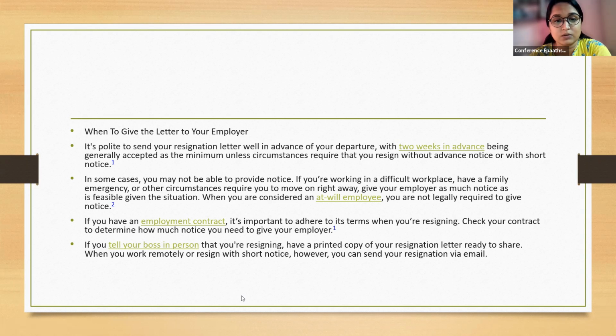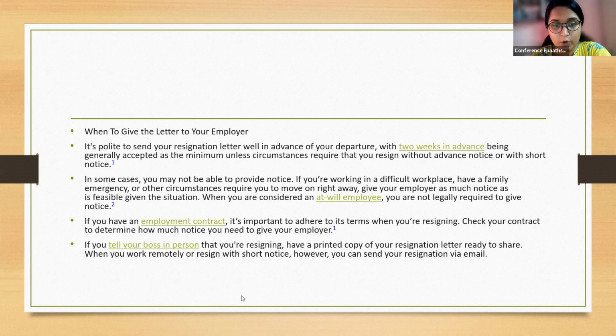Okay. So I told you that if it is a difficult workplace, you are not liking that, or you have a family emergency or other circumstances which require you to move on right away, you can give your employer as much notice as is feasible given the situation. So when you are considered an actual employee, you are not legally required to give notice.